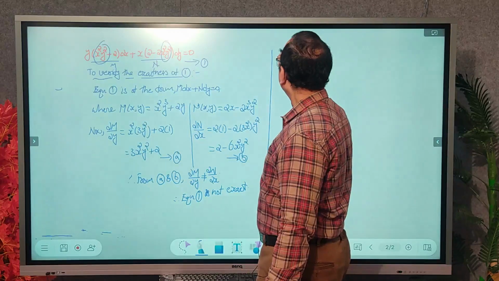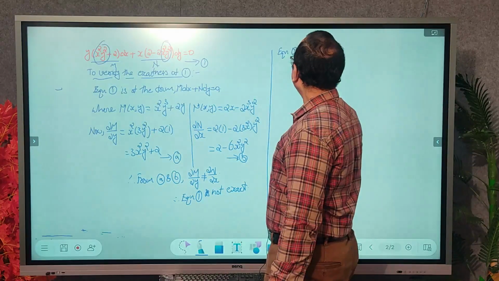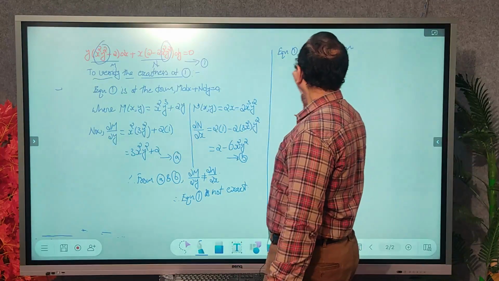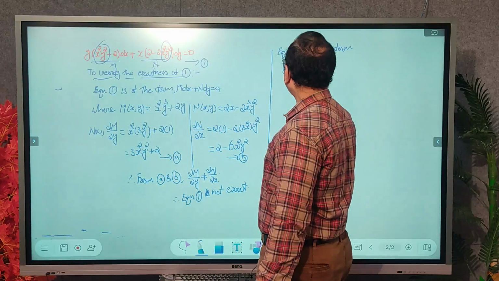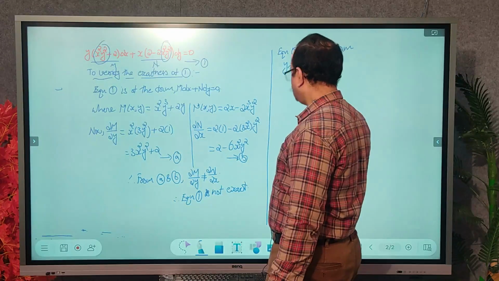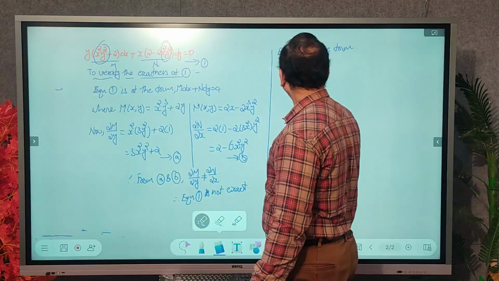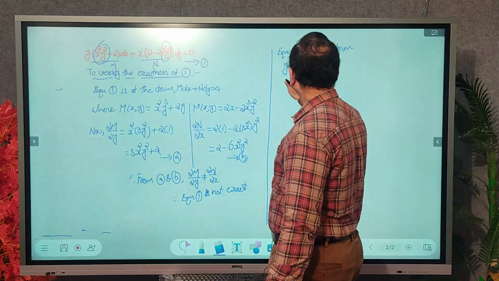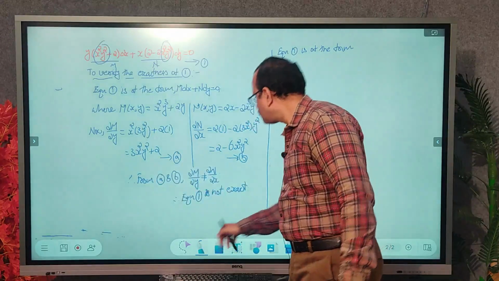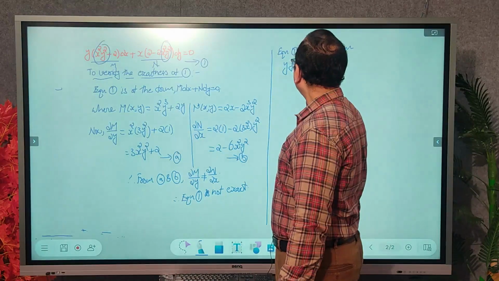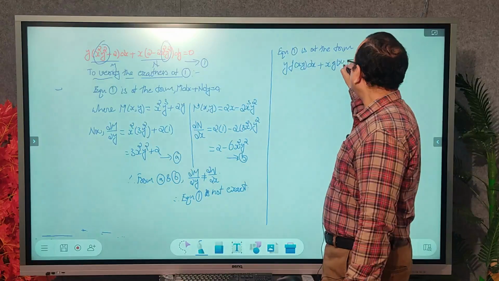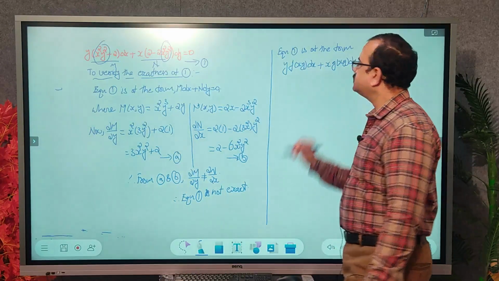Now you write actually, so equation 1 is of the form, if you observe, y into f of xy dx plus x into g of xy dy is equal to 0.